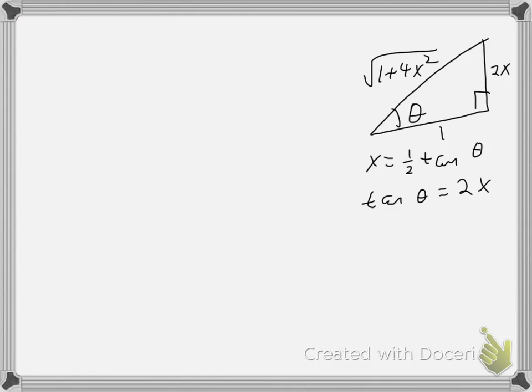So what we're going to get is the following: 1/4 times the square root of 1 plus 4x squared. This, of course, right here is a secant of theta, times a 2x.